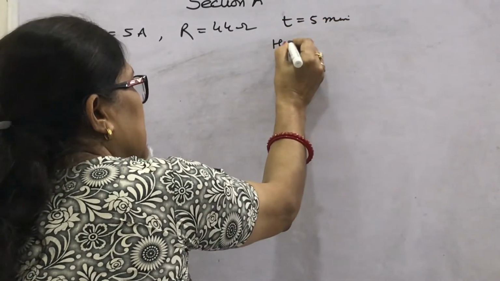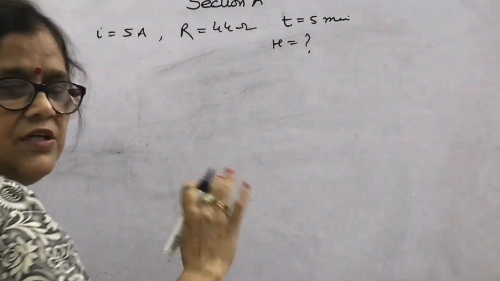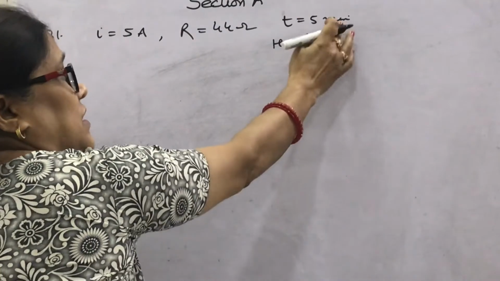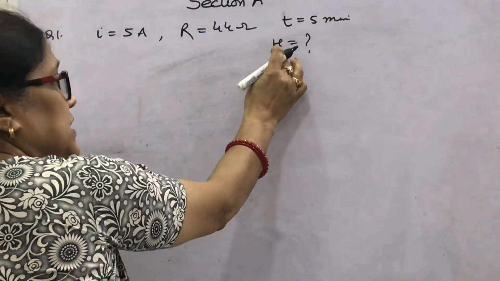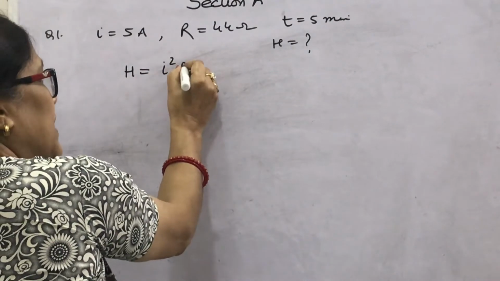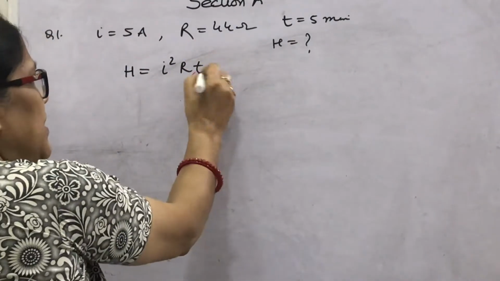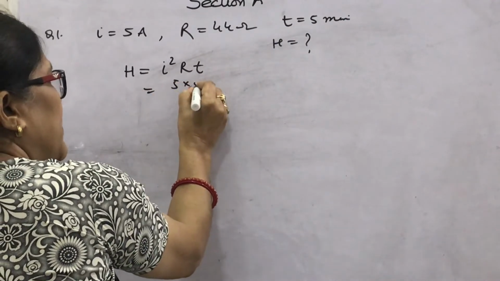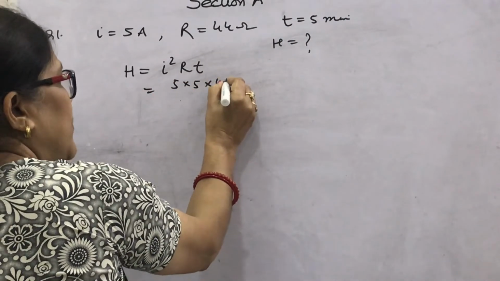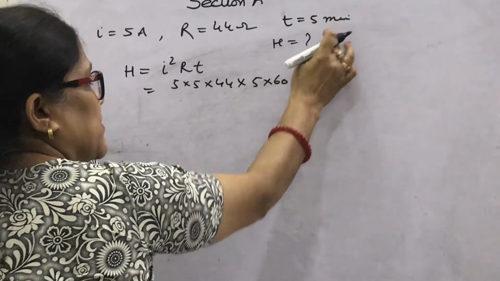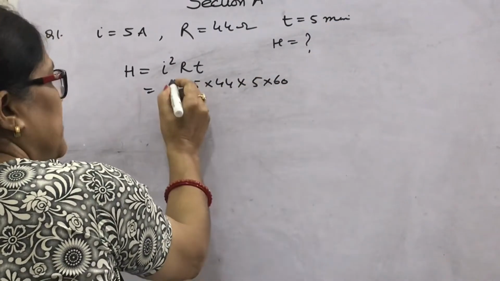What is the energy consumed? Heat energy consumed. Look, first of all you see the unit, and what is the formula for energy consumed? H, you know, is I square RT. Put the value and solve with proper units. So this is 5 into 5 into 44 into 5 into 60, because 5 into 60 will be the time in seconds.